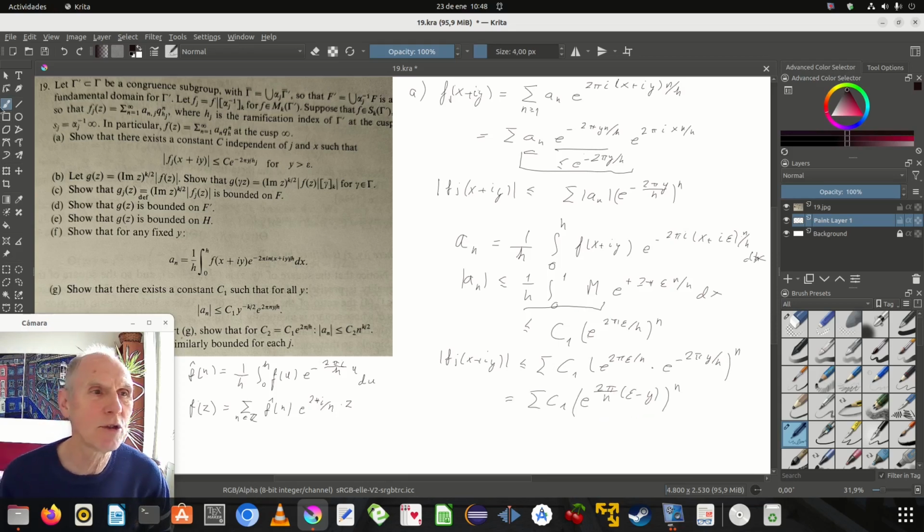And what did we have to show? We have, of course, y is larger than epsilon, meaning that this is negative. I'll just have to write up the sum here, the power series sum.